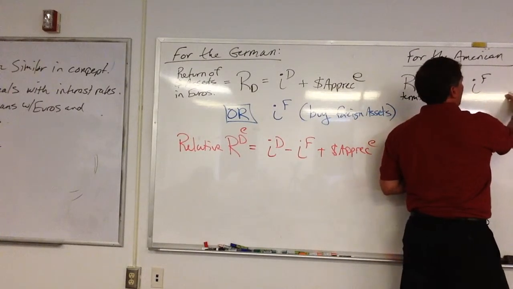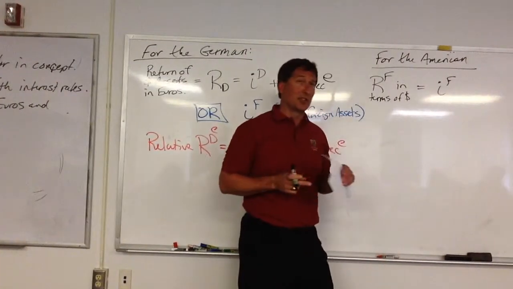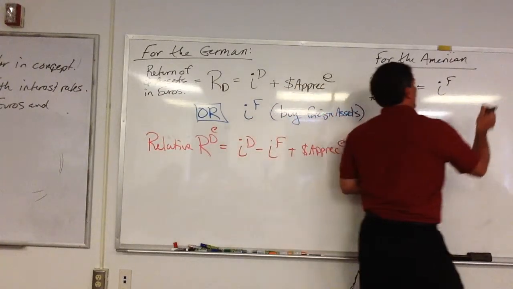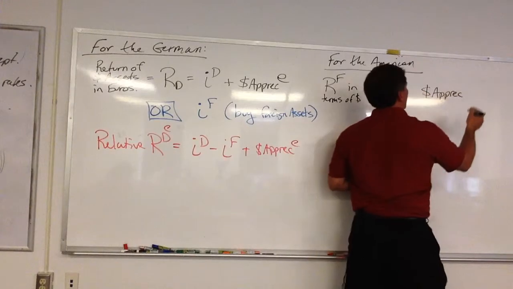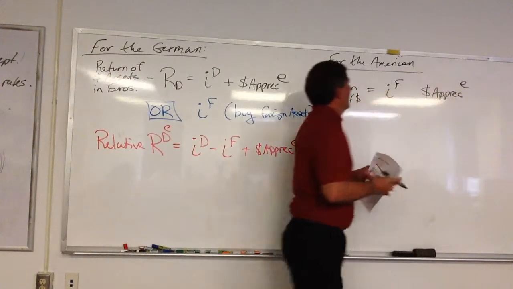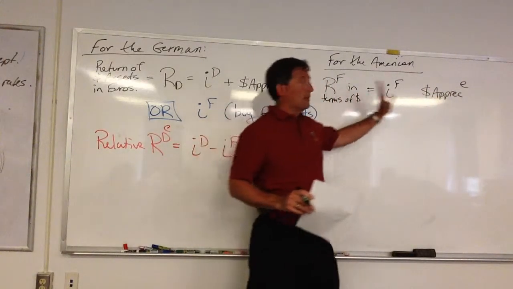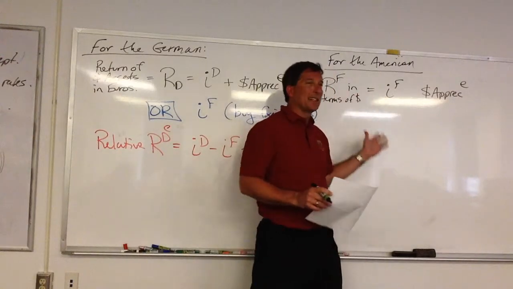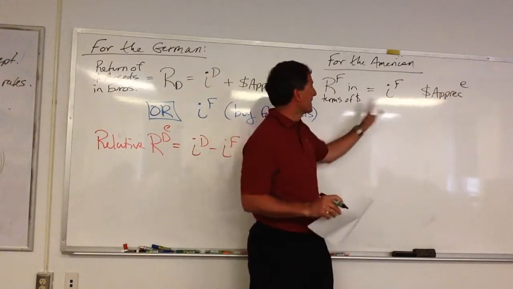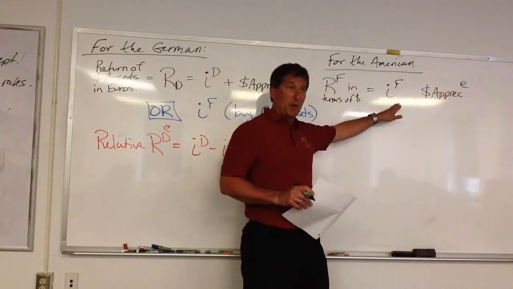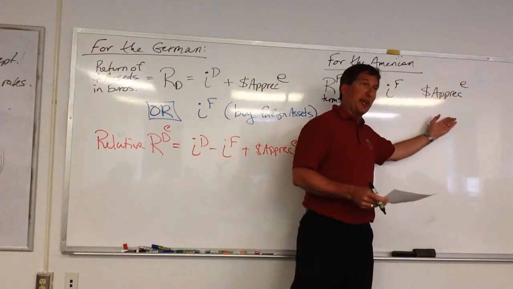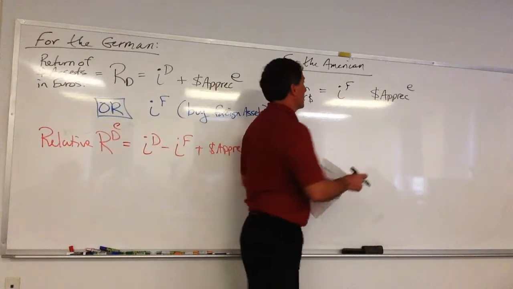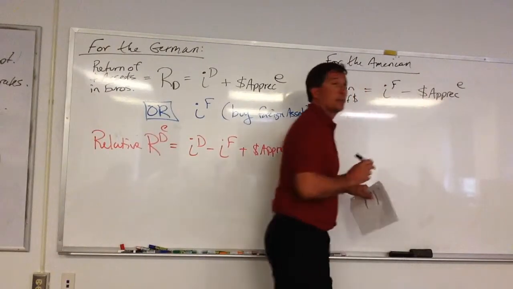However, if the dollar had appreciated during this time, what's going to happen, John? Subtract it out. I bought the foreign bond, they paid me out in euros, I converted it back. If the dollar appreciated, then I actually lost money in the exchange part of the equation, and I need to subtract that off.